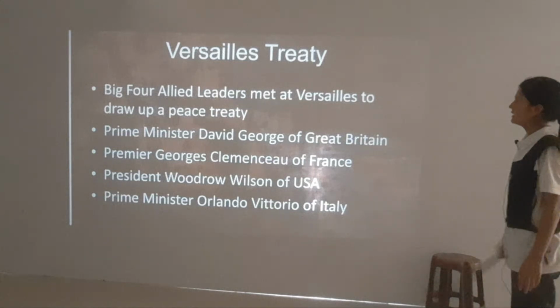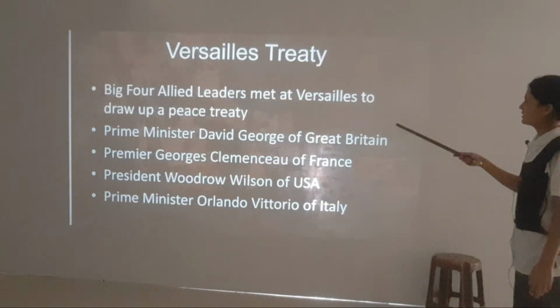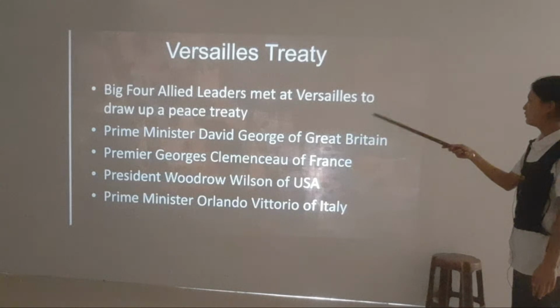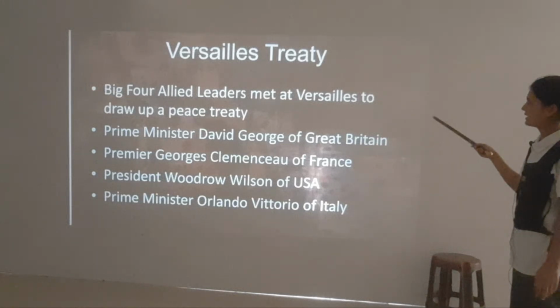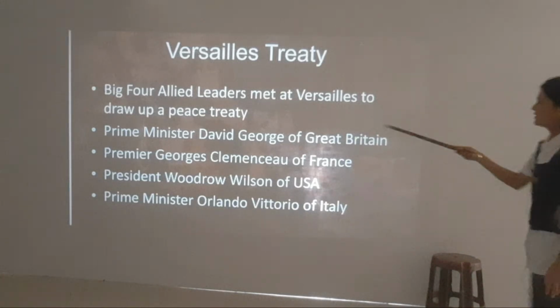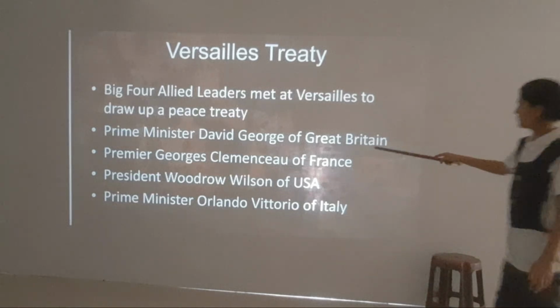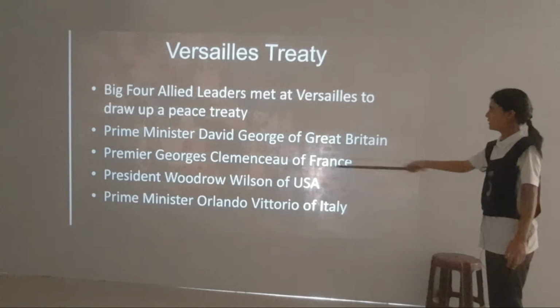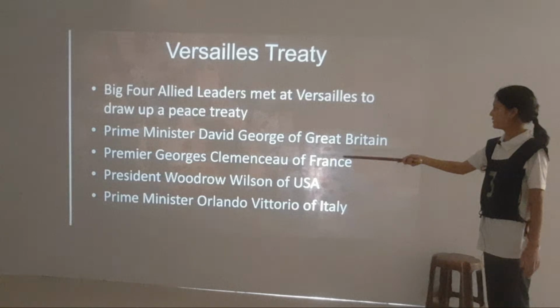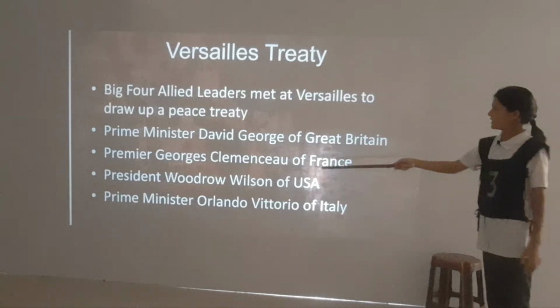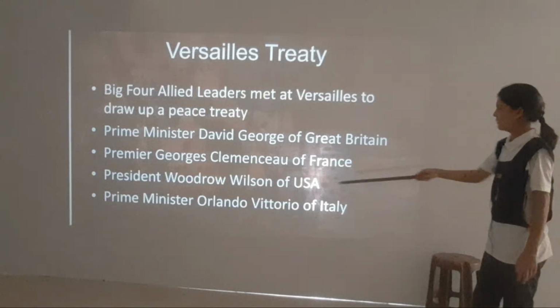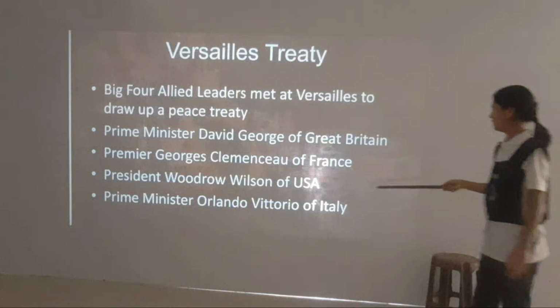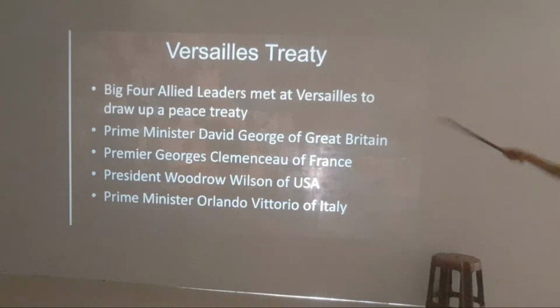The big four Allied leaders met at Versailles to draw up a peace treaty: Prime Minister David Lloyd George of Great Britain, Premier Georges Clemenceau of France, President Woodrow Wilson of the USA, and Prime Minister Vittorio Orlando of Italy. So it was signed with the consensus of these leaders.